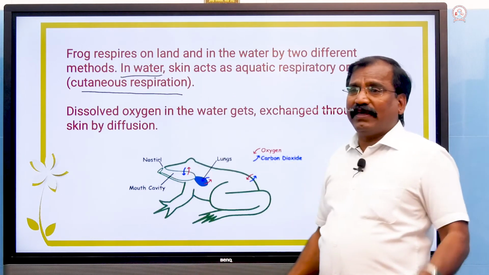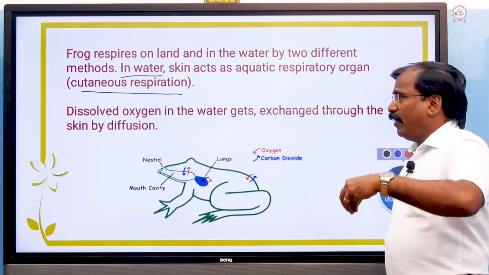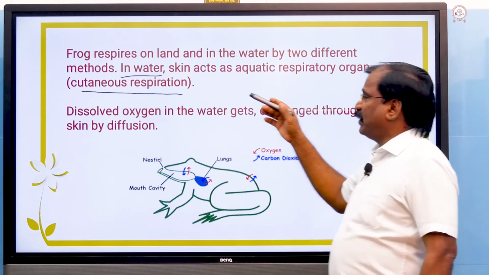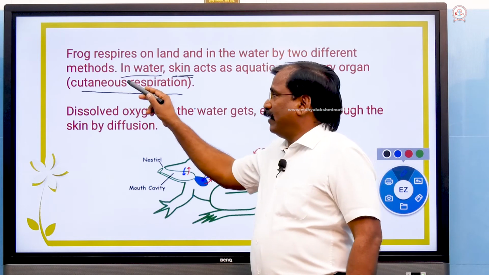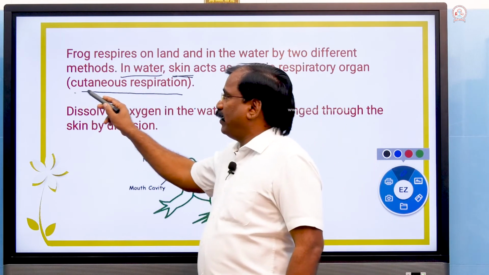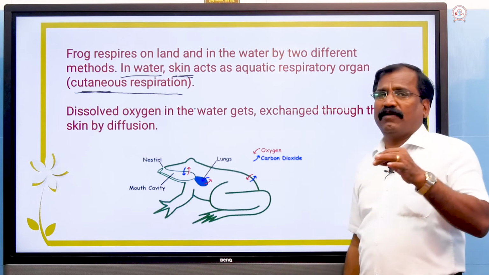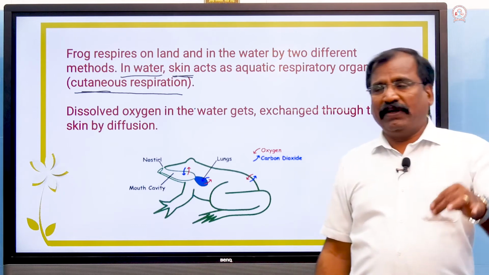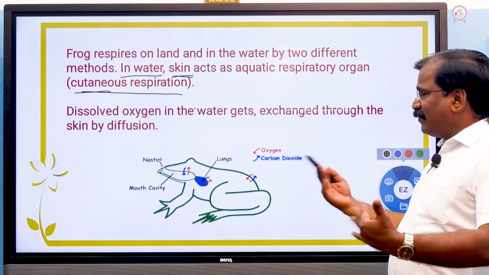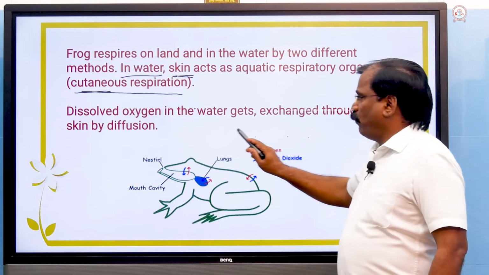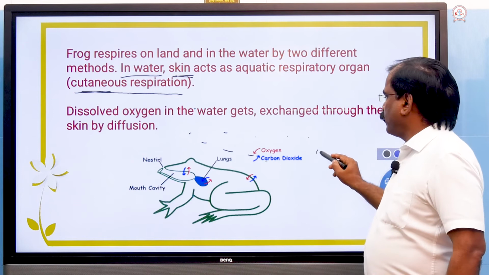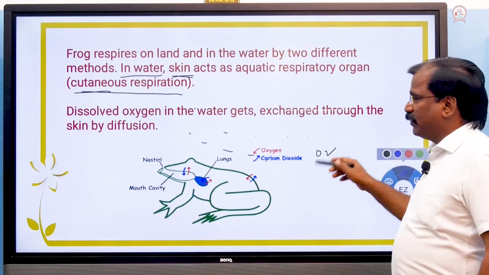When the frog is in water, with the help of the skin it respires. Respiration through the skin is called cutaneous respiration, by the process of simple diffusion. The oxygen is dissolved in water.